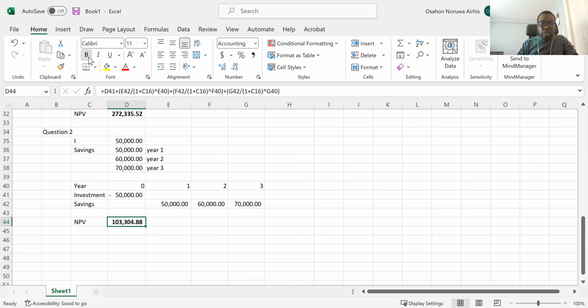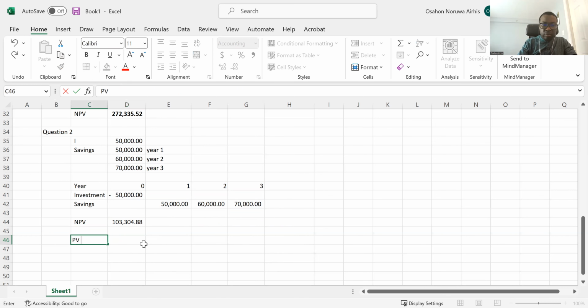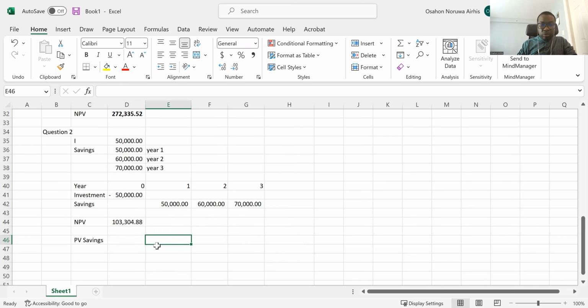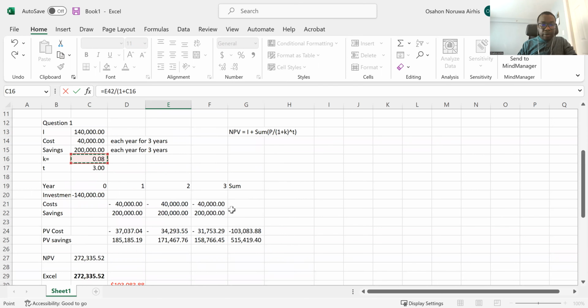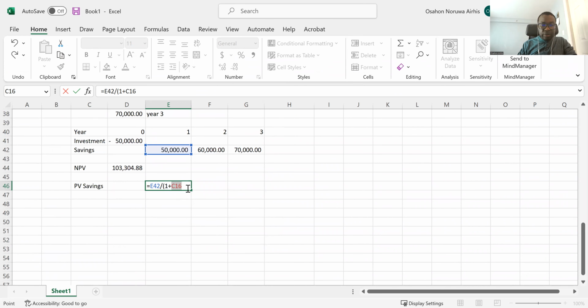That's the amount. Now let's verify if we did well. We can do two things. We can just do it straight up so we can see it all. So I just do the present values of this amount. Let me call this PV savings. That will be equal to this amount, like we did before, divided by 1 plus K raised to power T, which is 1 here.